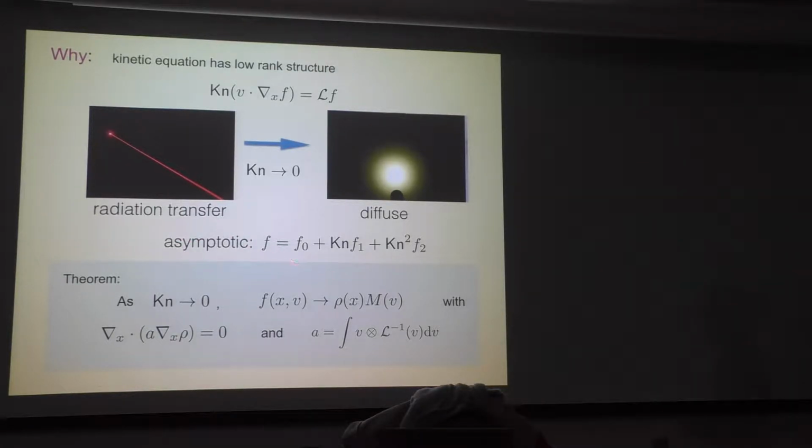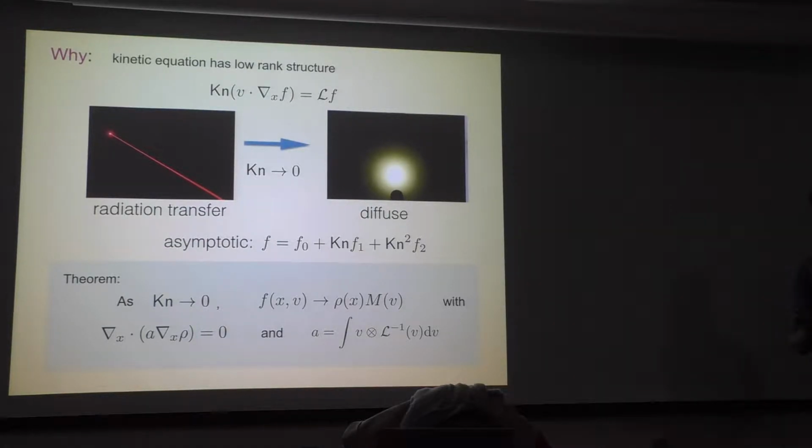Now asymptotically, we build this structure called asymptotic expansion, which basically says that if you have a very small number in your equation, you can expand your solution in terms of this number. You have one function that is independent of this small number, the second level is multiplied by this small number, the third level is multiplied by this number squared, etc. You put this asymptotic expansion back into your equation, and then write down some matching conditions.